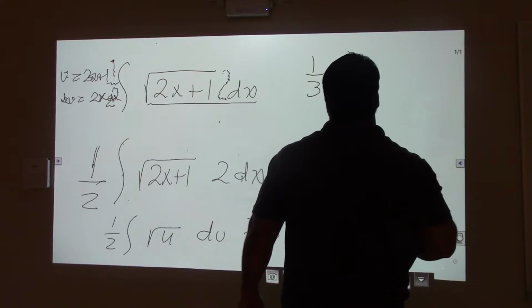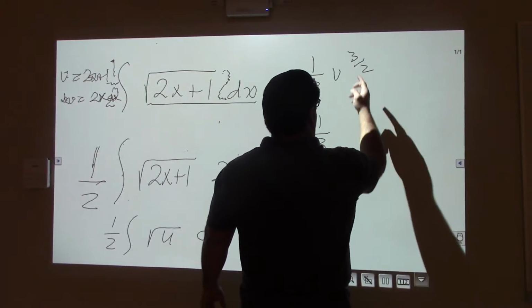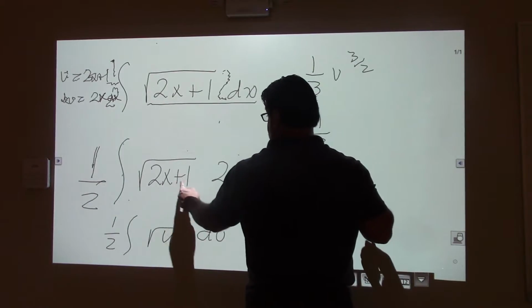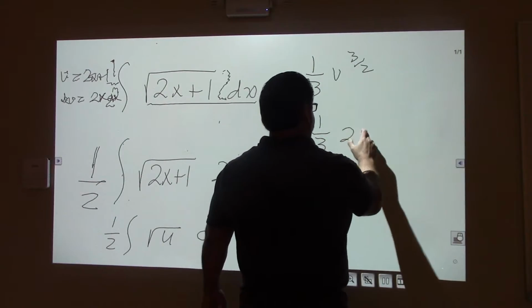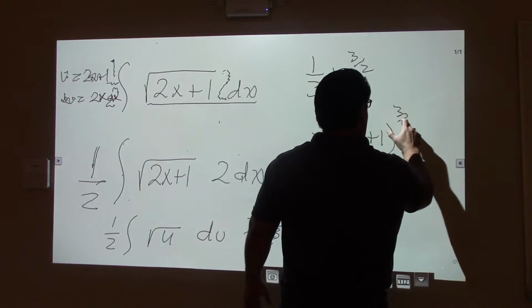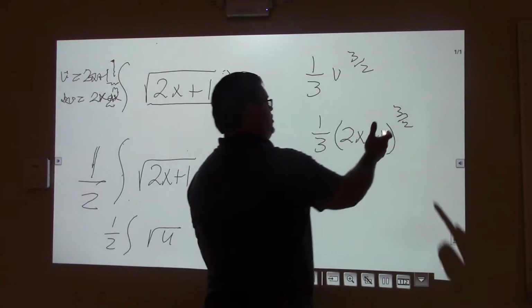And what is u? Well, in this case, it's not the square root, it's what? U is 2x plus 1, to the 3/2. And now what is that? That's exponent over what?